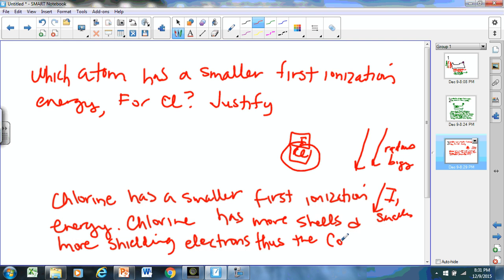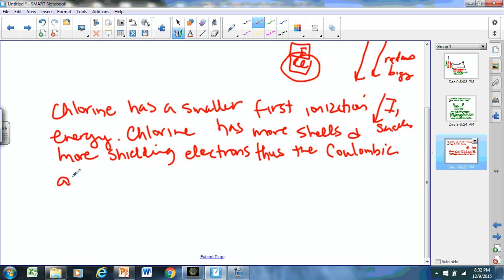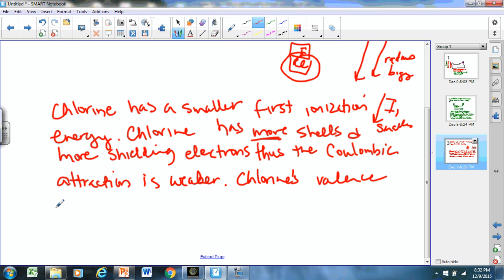The Coulombic attraction is weaker. Why? Because in Coulomb's law, the distance from the nucleus to the edge of the cloud is in the denominator. If you divide by a bigger number, it gets weaker. Chlorine's valence electrons are not held as tightly.